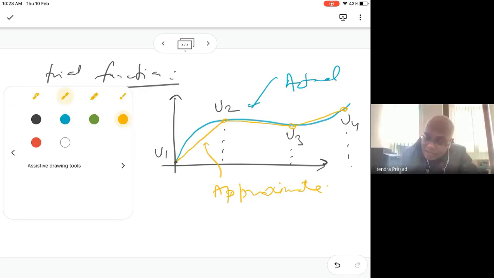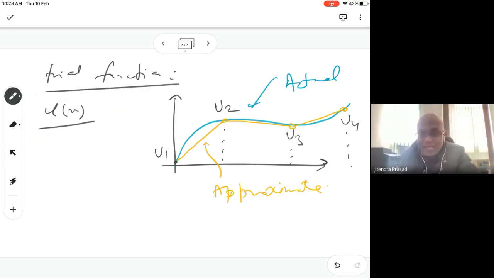For that, our trial function we write in a particular way.